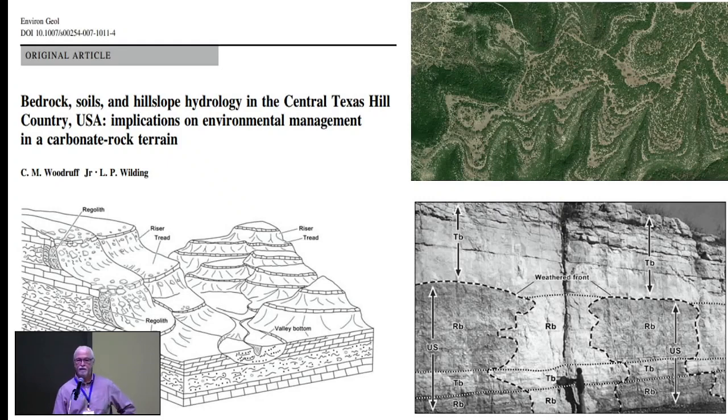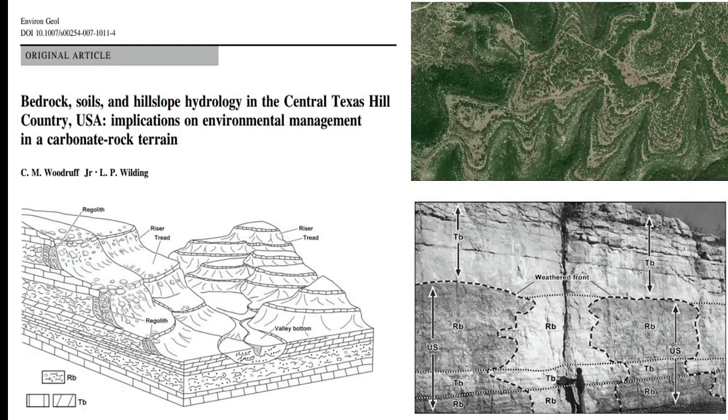There's a really great paper that talks about the stair-step topography and the alternating habitats, geophysical settings, in the Glen Rose slopes by Woodruff and Wilding, and we're lucky to have Chock Woodruff in the audience today, so you can ask him about how this develops.